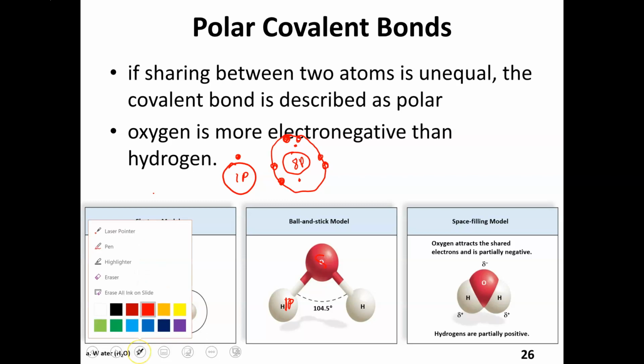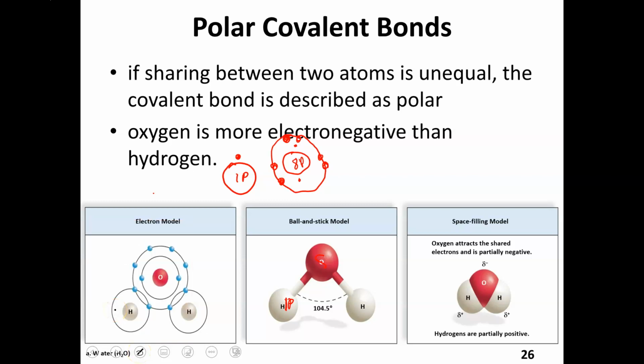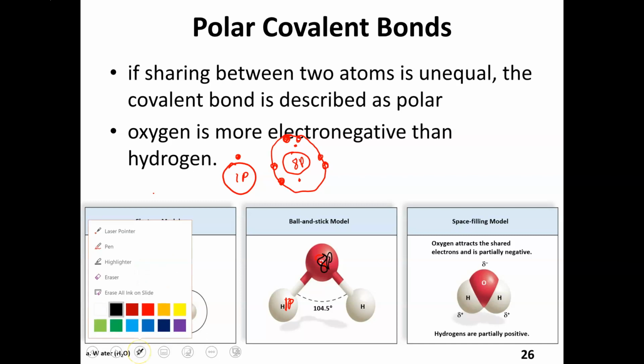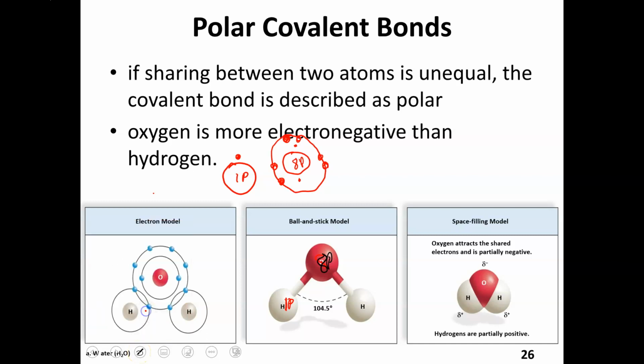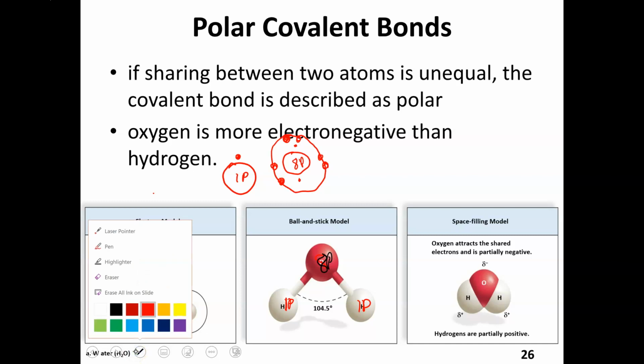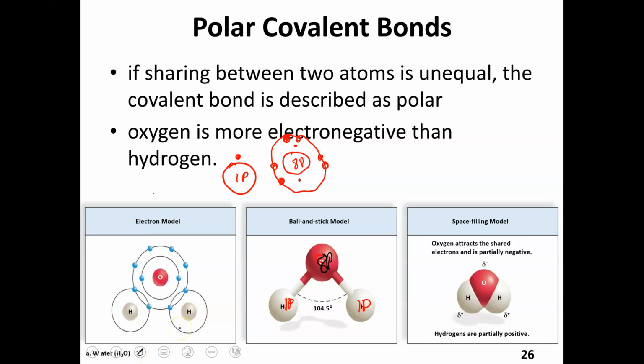There we go. Let's change it to black so you can see. And we have 8 protons in this one, right? So we have 1 proton down here, 8 protons in the oxygen. Again, 1 proton. And we'll just keep it with red since that's what I did before. 1 proton there, right? So what happens is, I'll just use purple for funsies.